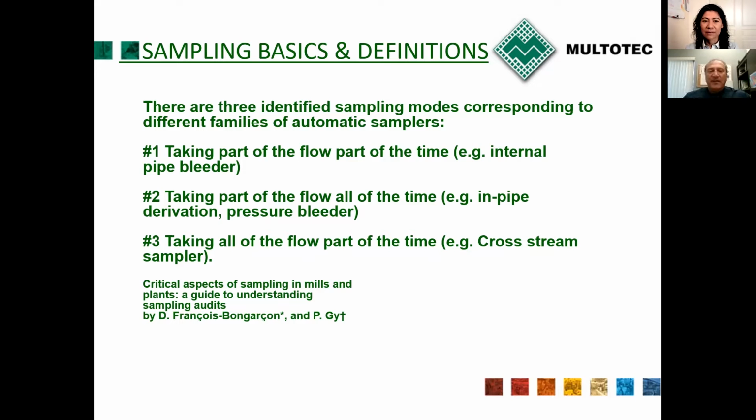In all fairness, Multotec is using the third way, which is we take all the flow part of the time, which means that we're going to do a complete cut of the section, or let's say the slurry to be sampled. And from there, we'll do it every 15, 20 minutes and so on to be able to take a representative sample that will represent correctly your process.